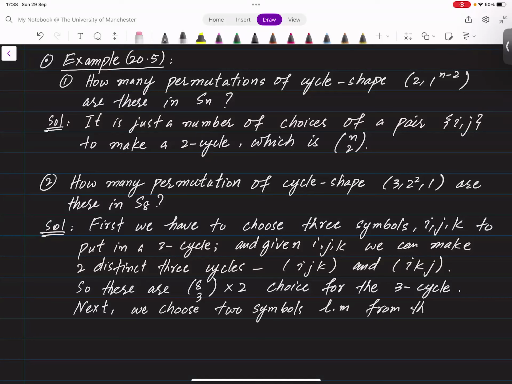Because if we have used 3 symbols out of 8, then we are remaining with 5 more symbols.